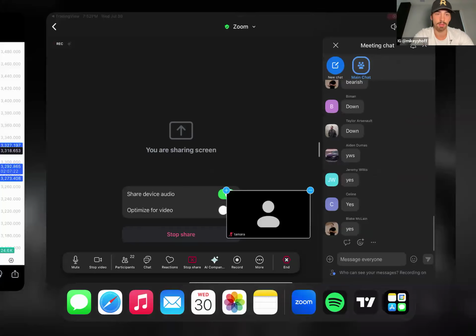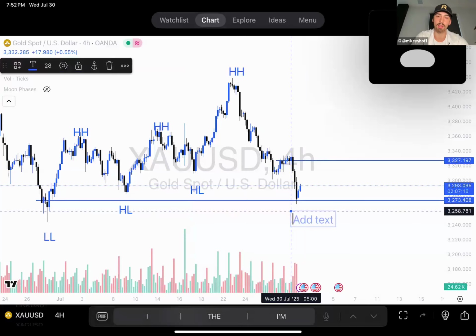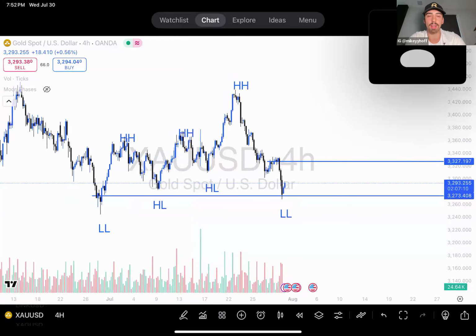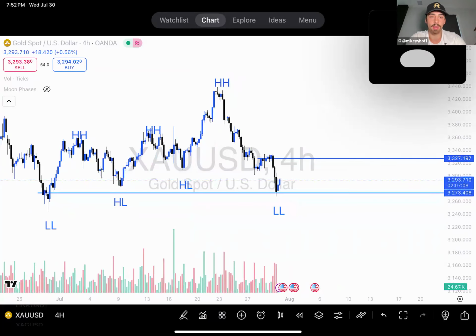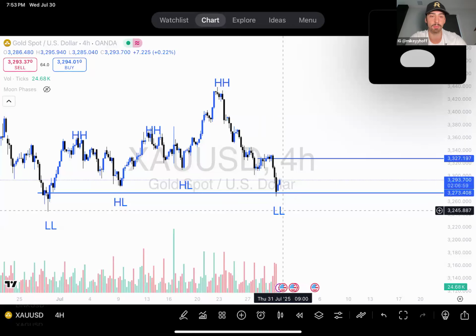Yes, yes, yes, exactly. So in this case, we now have a lower low. That's why we are now in a downtrend: the low that we previously had did not hold, and gold broke below it and created a new lower low.